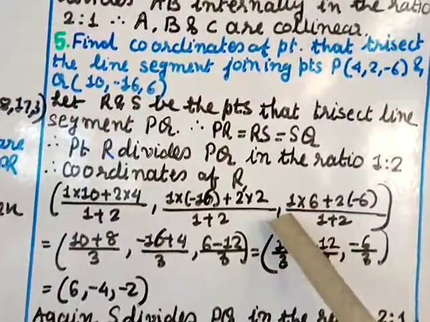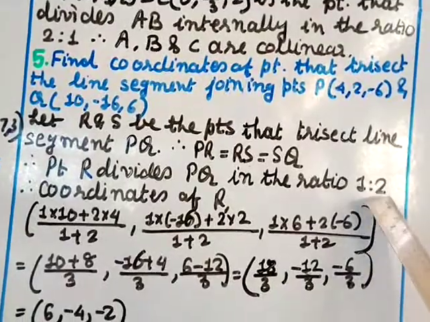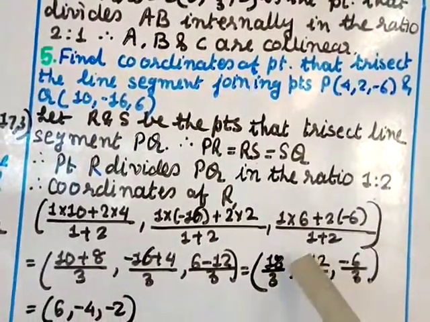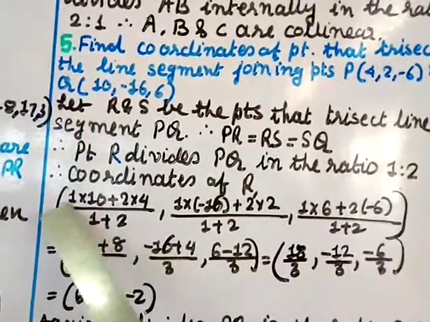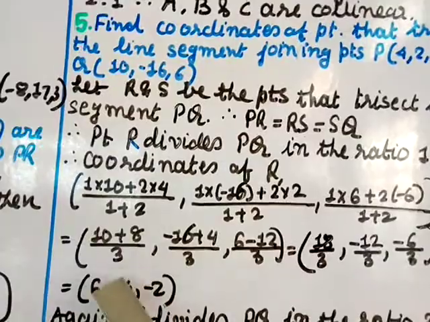Then the third coordinate is this one. So let us put in m, that is 1, into z2, that is 6, plus n, that is 2, and z1, that is -6, divided by m plus n, that is 1 plus 2. So here 1 into 10 is 10, 2 into 4 is 8, divided by 1 plus 2, that is 3.